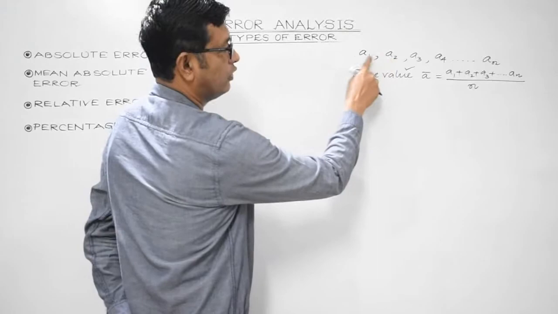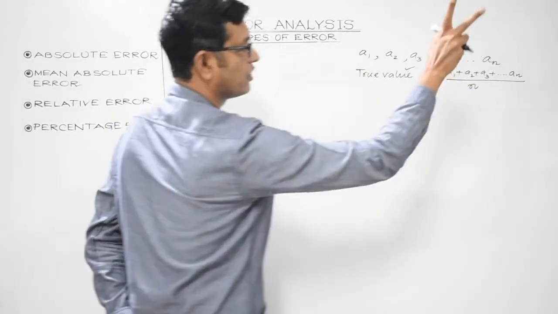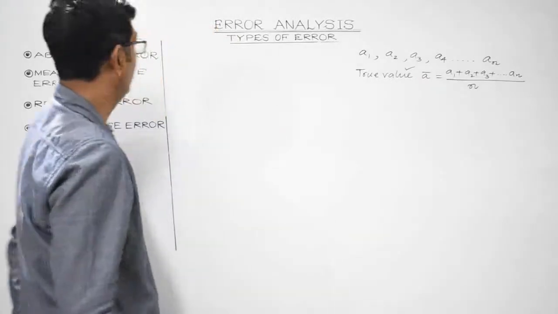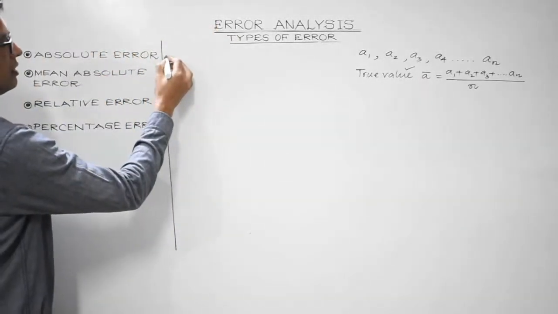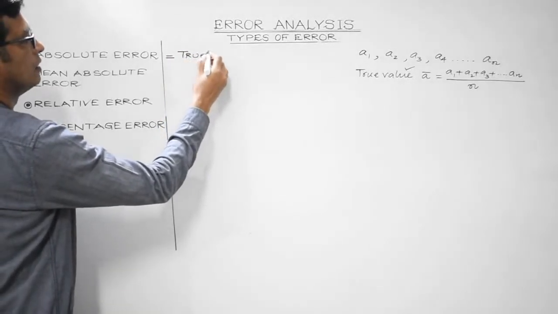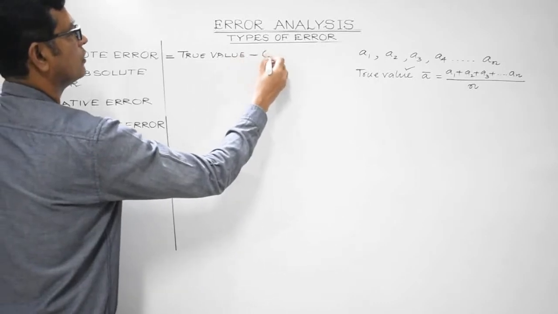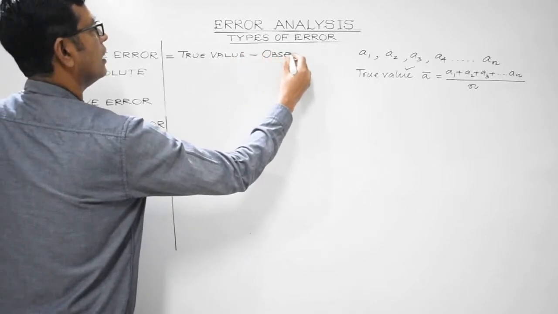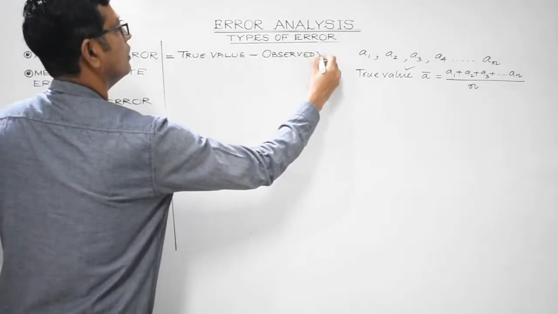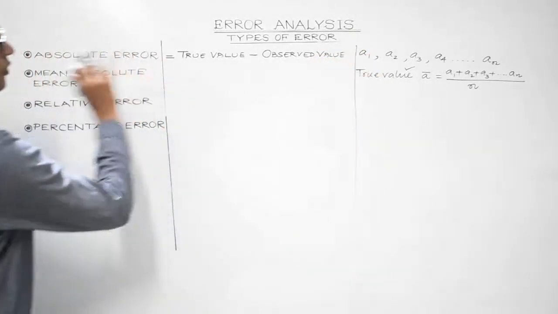These are the observed values in the first observation, the second observation, third, fourth and nth observation, and this is the true value. So absolute error is given by the difference between the true value of the physical quantity and the observed value. This is the formula.